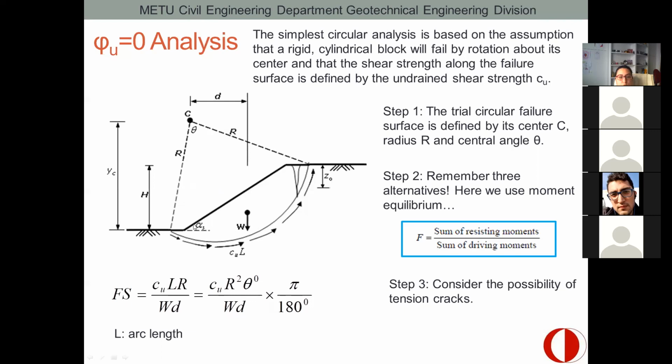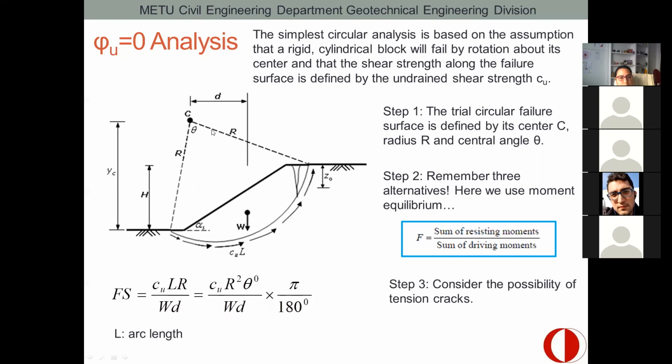So what I need to do is I need to calculate the weight of the sliding mass, which is the area here that I show with my cursor, multiplied by the unit weight of the soil, will give me my weight. Okay.